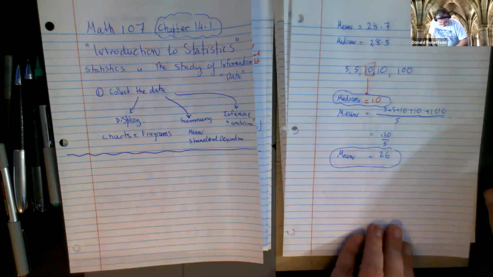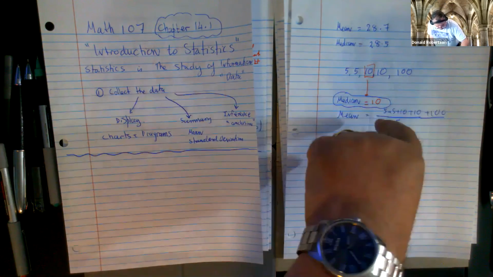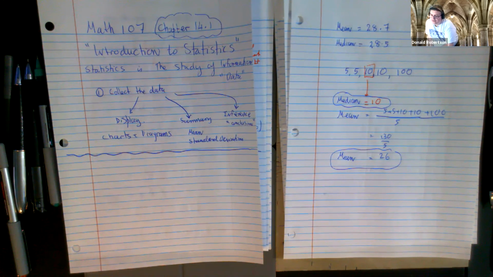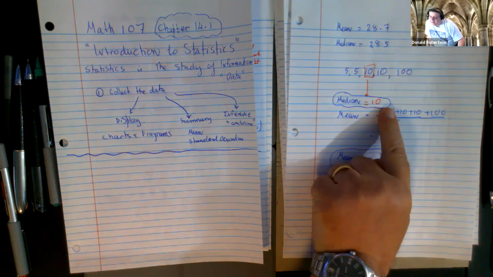Would you agree that there's quite a discrepancy between these two numbers? Which one of those two numbers would you consider to be the more accurate? I would say the median.